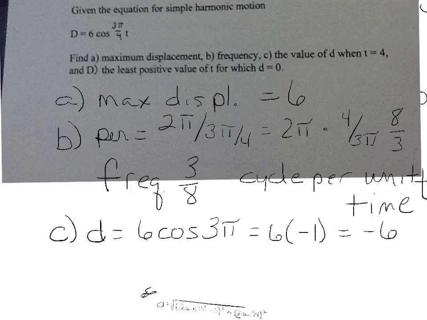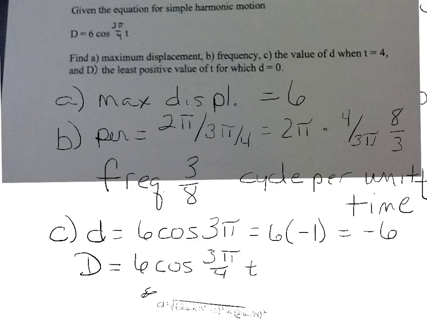Now the last one says the least positive value of t for which d equals 0. So how would we go about solving that one? No, not putting it in our calculator. Okay, I'm going to go ahead and rewrite my equation here. 6 times the cosine of 3 pi over 4t.